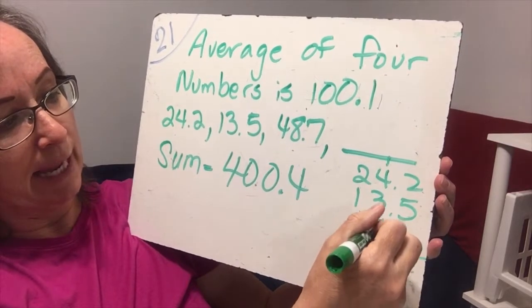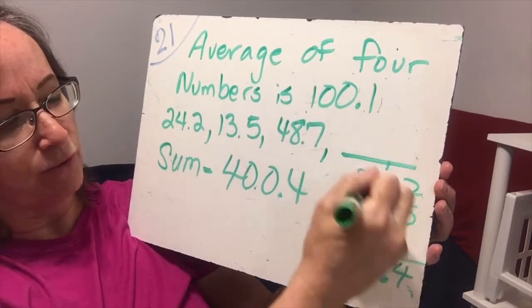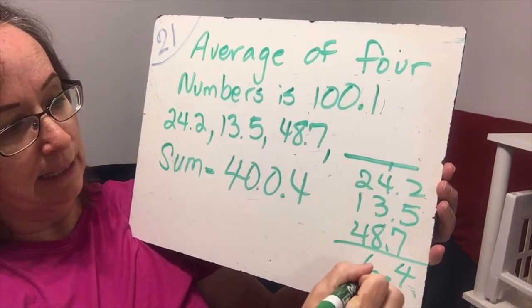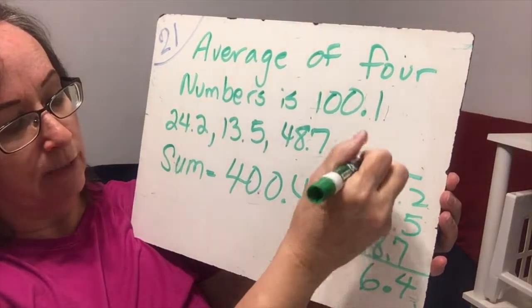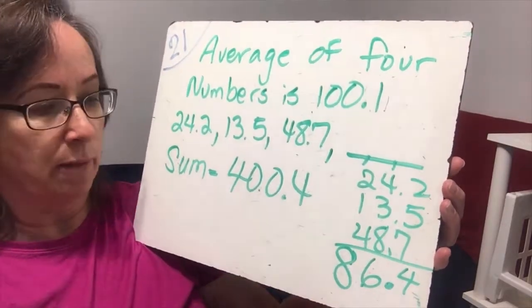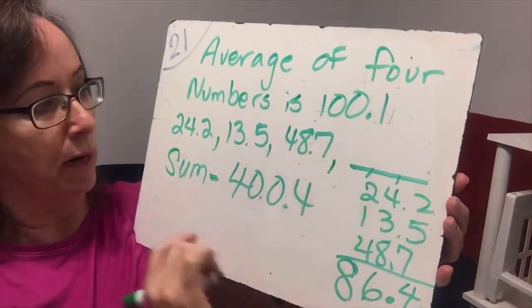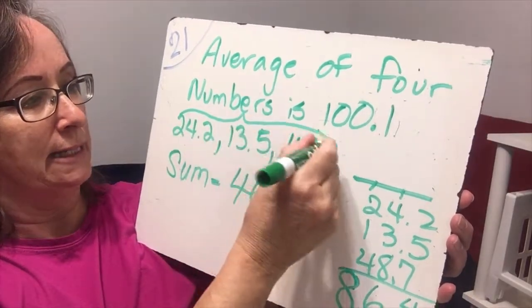And I've got an 8 plus a 4 is a 12 plus another 4 is a 16. Carry my 1 over there. 4, 5, 6, 7, 8. So the sum of the three numbers is 86.4. So this right here is 86.4.